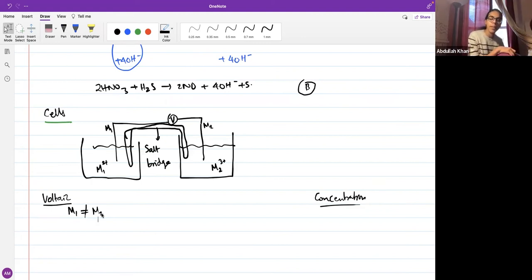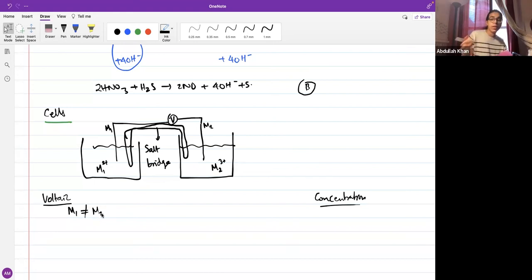That's a voltaic cell, if the metals are different. And the idea is two different metals, each metal has a different affinity for electrons. One metal likes electrons more than the other. And so one metal pulls the electrons from one kind of metal to the other kind of metal.